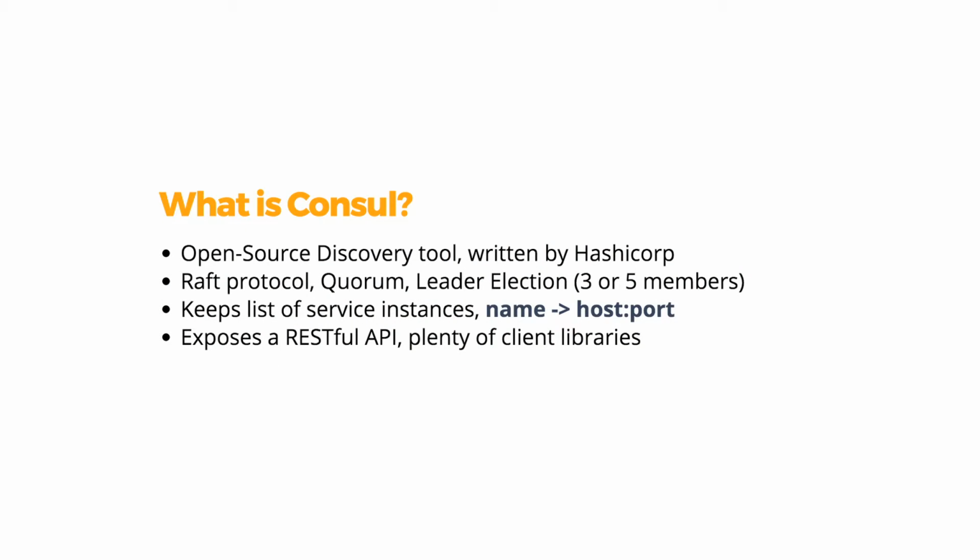And essentially, what Consul does is it keeps a list of service instances. You can think of it as being like a hash. You're looking for an instance based on the name, and then you're provided a list of instances that have that name, with host and port pairs. It does some other cool stuff as well. You can use it for distributed sharing of data, like key value pairs.